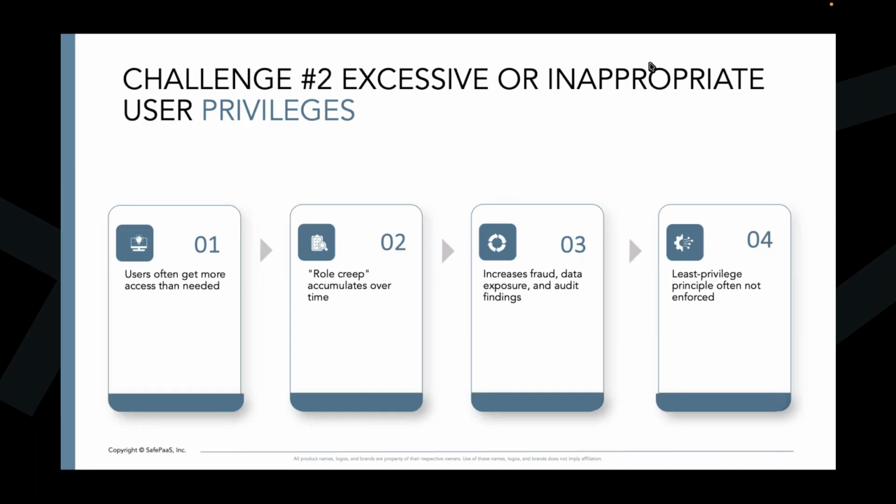Item number 3 talks about the consequences when these first 2 risks do materialize, and that's the increased likelihood of fraud.